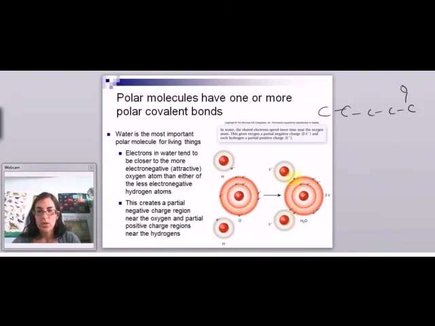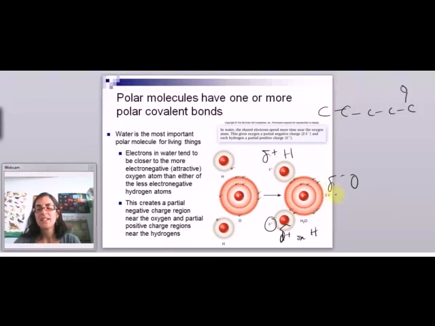Again, I just want to remind you that you have hydrogen to oxygen, and you're getting a partial positive on the hydrogen, partial negative on oxygen, partial positive on hydrogen. For the water molecule, you can imagine that these are little sticky spots. This partial positive region is going to stick to anything that's partially negative. This partial positive area is going to stick to anything that's partial negative.